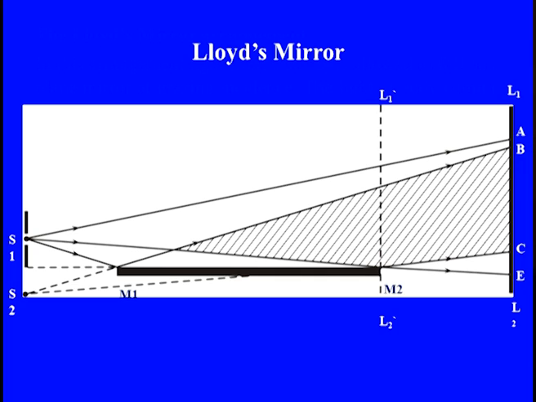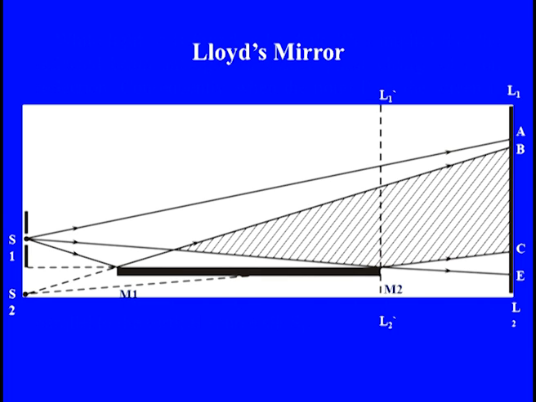In this experiment, the central fringe at O cannot be observed on the screen L1L2 unless it is moved to the position L1'L2', where it touches the end M2 of the mirror, because here light is received only from S1. If the central fringe is observed with white light, it is found to be dark.